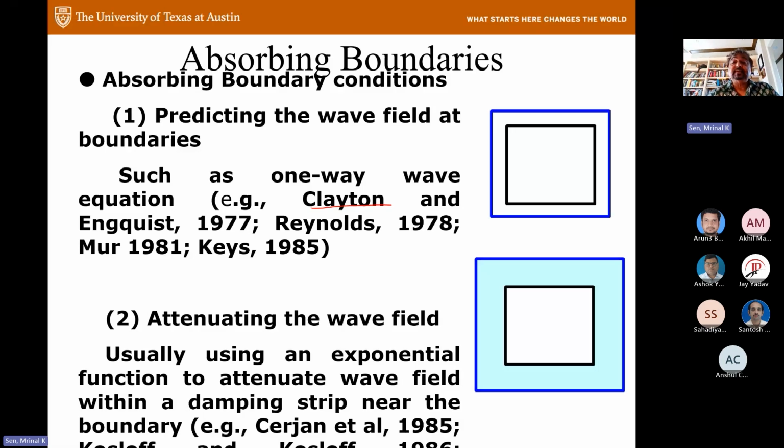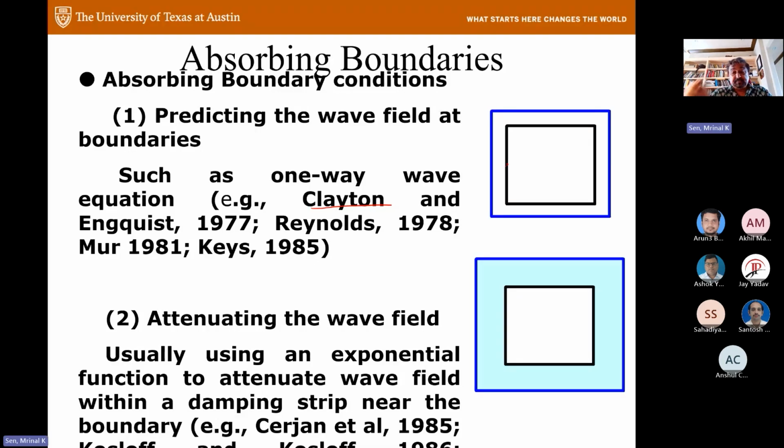What it means is that when you take your wave field, it actually propagates in both ways. So can we devise or rewrite our wave equation in such a way that when it reaches the boundary, the waves don't propagate backward? Okay.